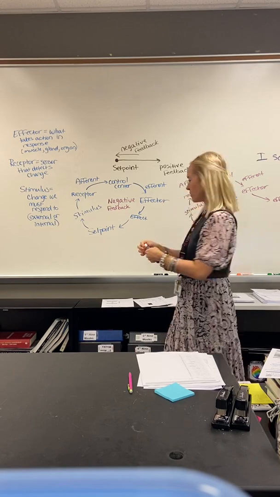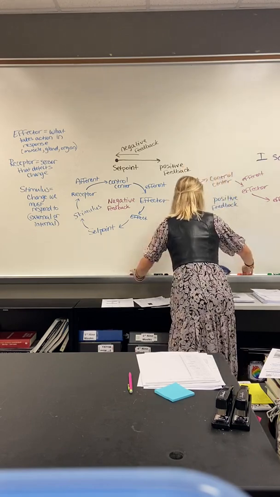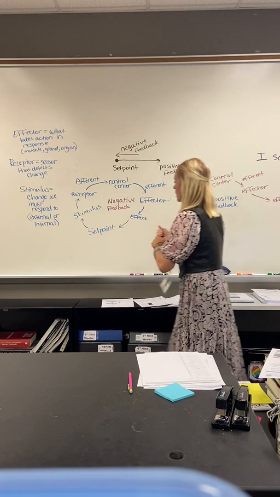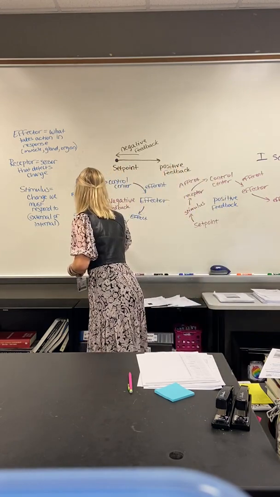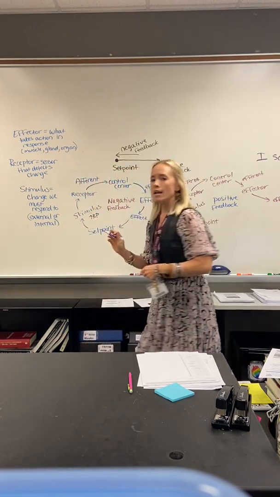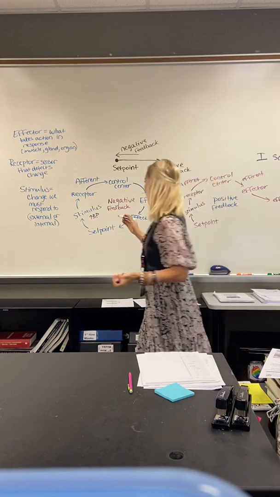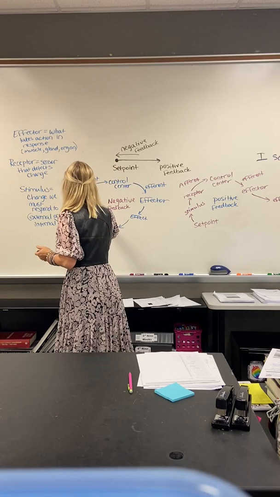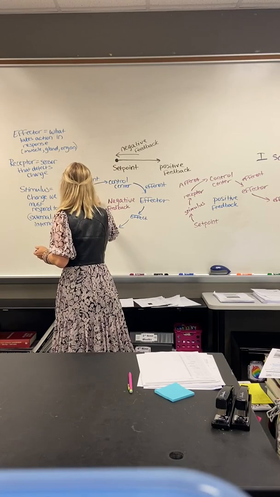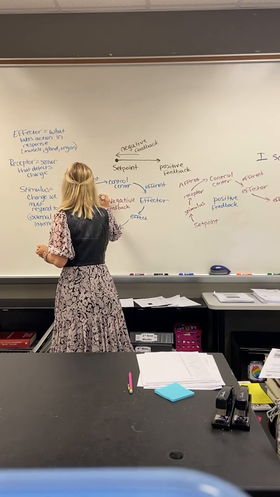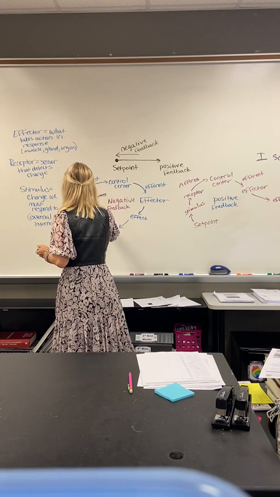That's going to be our stimulus. It's going to be sensed by baroreceptors in our arteries, right? So the receptor will be our baroreceptors in our blood vessels, we'll say in the artery.